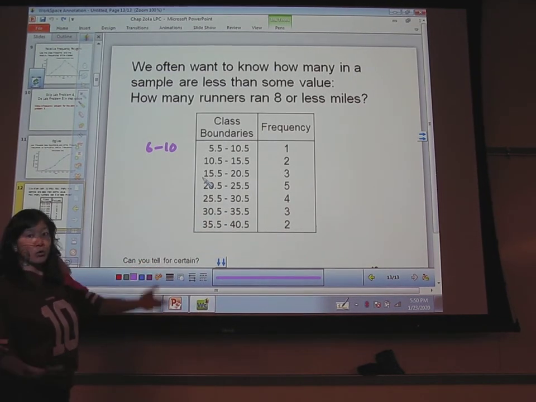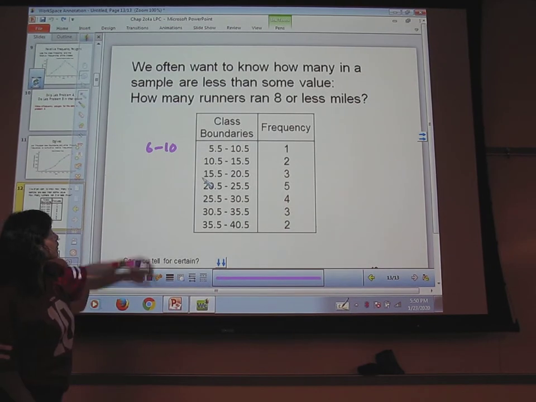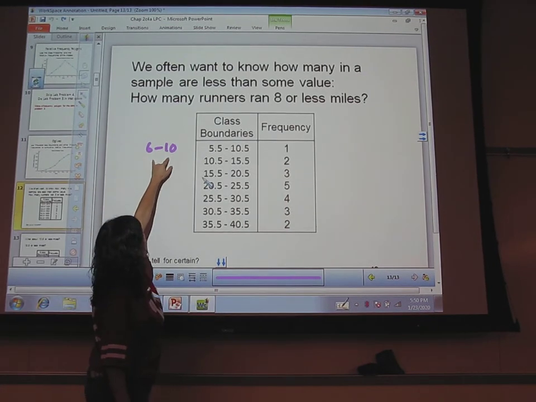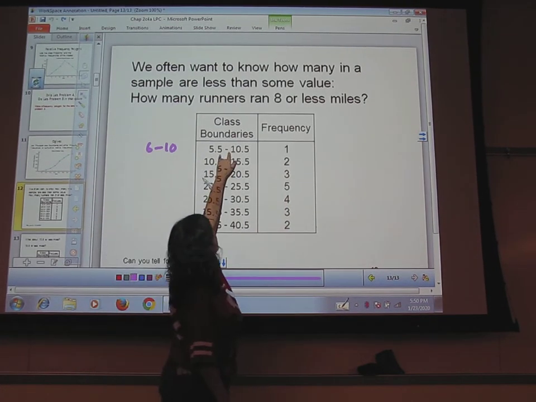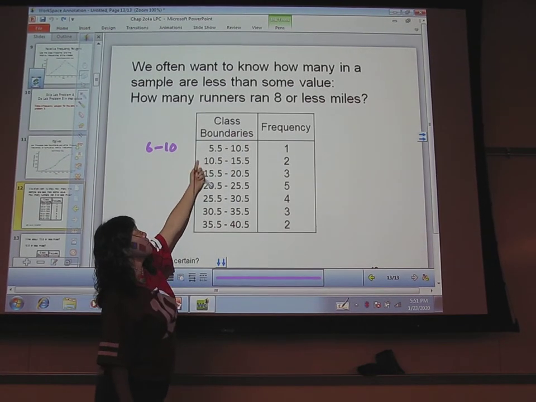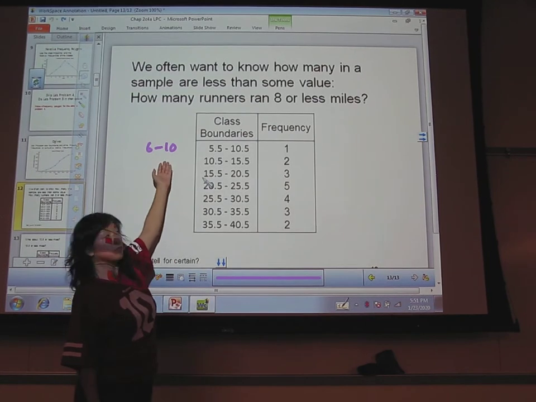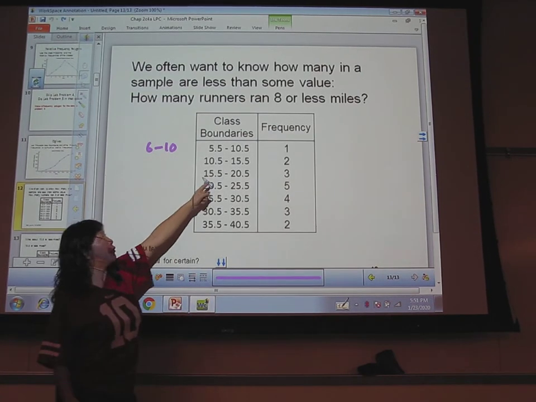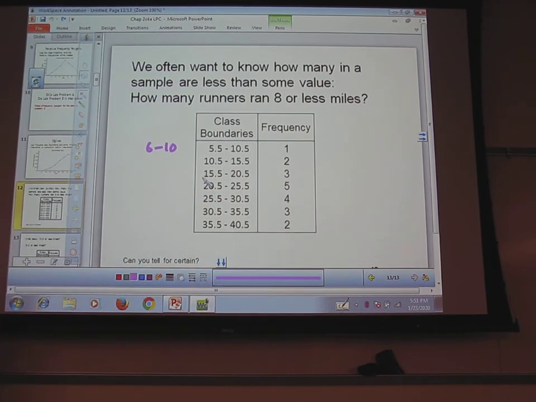That's how I knew that. So this would go from 6 to 10. And then the next whole number up from 10 and a half would be 11. The number down from 15 and a half would be 15. So that one must be 11 to 15. Then 16 to 20.